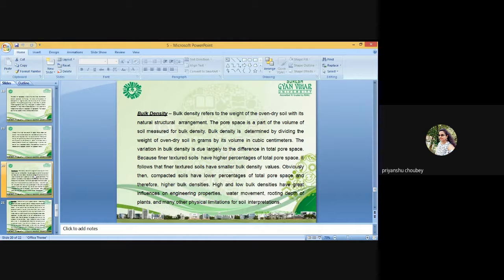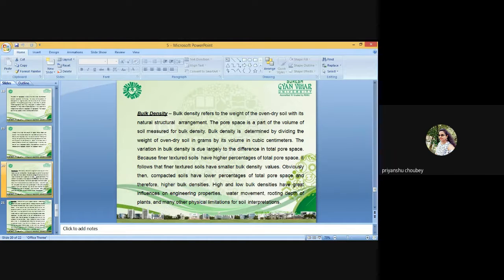It is calculated as bulk density into furrow slice depth into area of 1 hectare. So weight here is 1.33 megagram per meter cube into 0.15 into 10 to the power 4, which is equal to 1995, or 2000 megagram, or 2 into 10 to the power 6 kg.